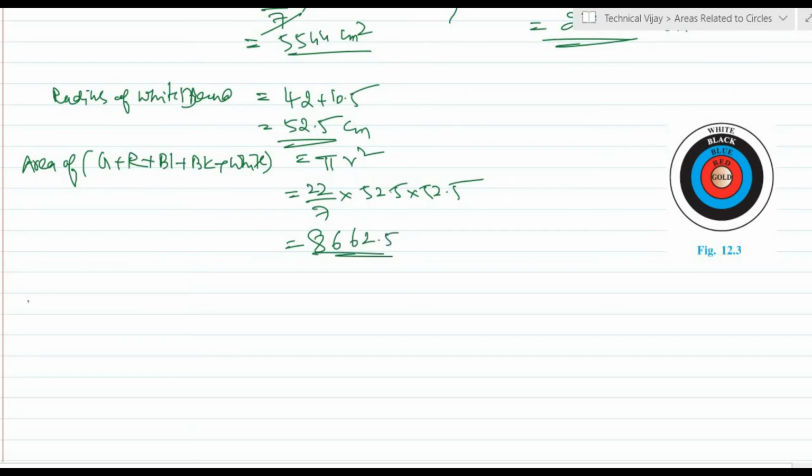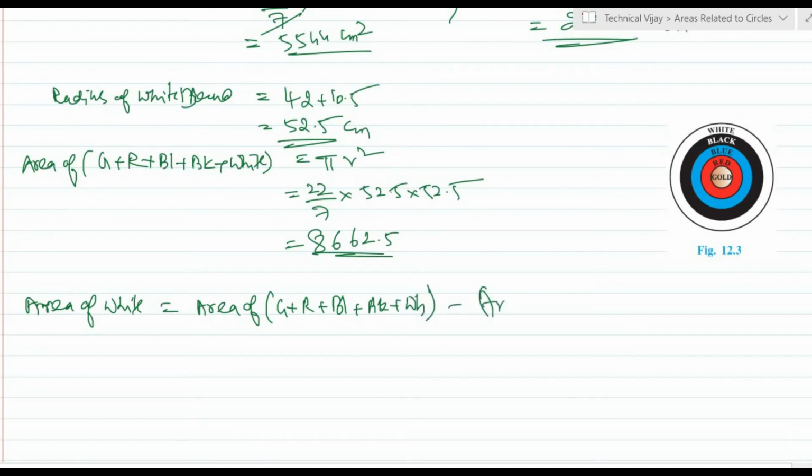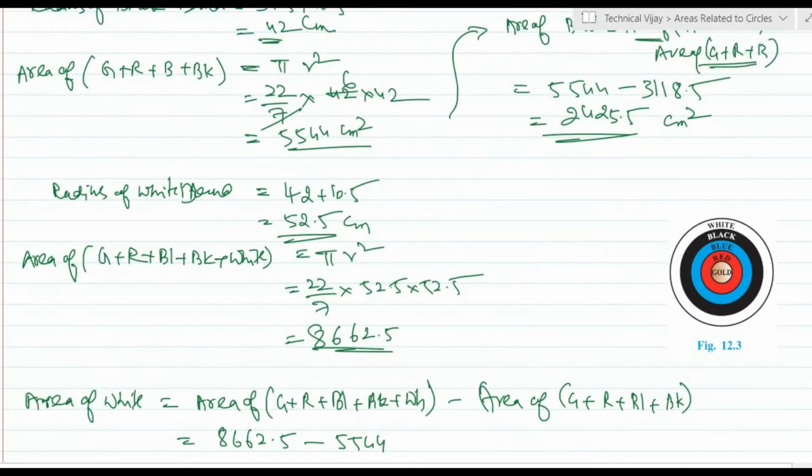So now the area of white band is equal to the total area of gold plus red plus blue plus black plus white, minus the area of gold plus red plus blue plus black. So this is equal to 8662.5 minus 5544, where 5544 is gold plus red plus blue plus black.